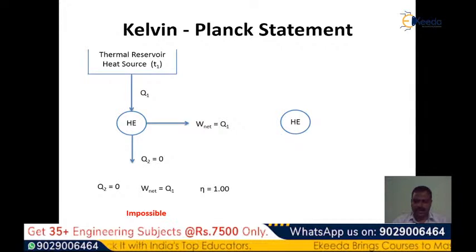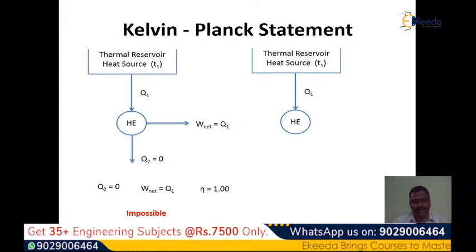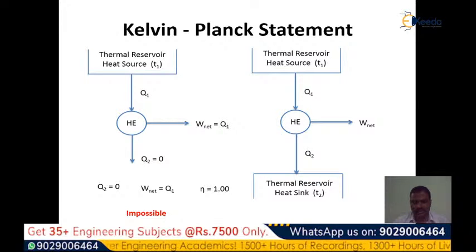But the heat engine that the Kelvin-Planck statement follows is this one: the heat engine receives Q1 amount of heat from the heat source, the thermal reservoir, and then converts some portion of this heat into work, and then rejects Q2 amount of heat to the low temperature thermal reservoir, that is also called the heat sink.